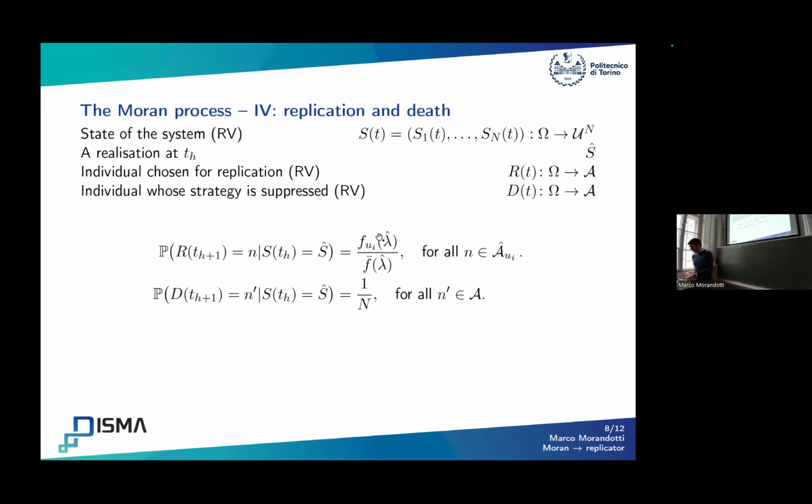And so this probability is the fitness of the strategy at that particular occurrence divided by the average fitness. There's a bar in the denominator there, all right?